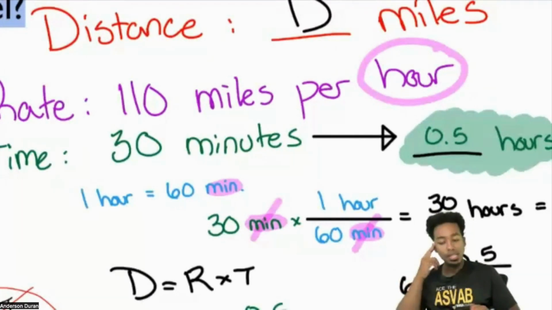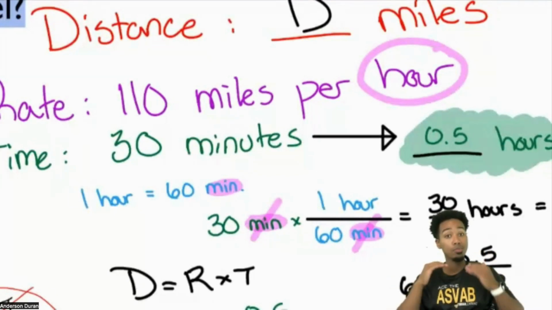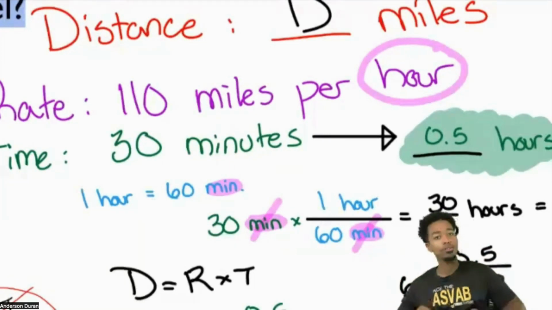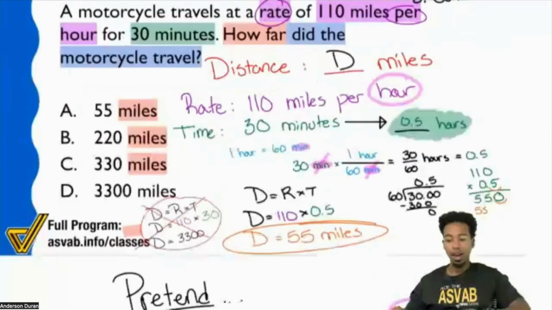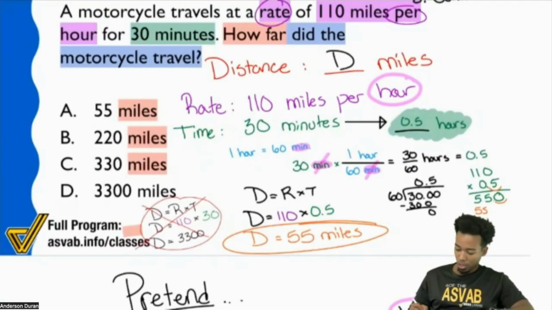So it would make sense that we travel less, 55 in this case. And since 30 minutes is exactly half of an hour, then you would be traveling half of that distance, half of that 110 in 1 hour. And half of 110 is 55. So it's another way that you can really reason with it in this case.